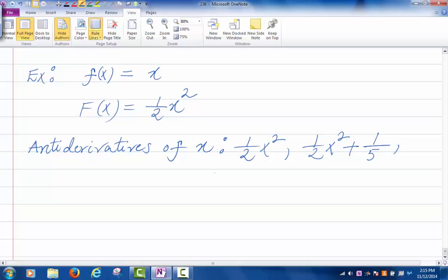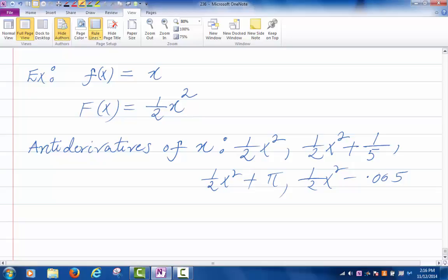So I can have half of x squared plus pi, half of x squared minus 0.005. I mean, you add a constant to half of x squared, you get another antiderivative of x. So how many antiderivatives are there? There are infinitely many antiderivatives for the same function x, right?